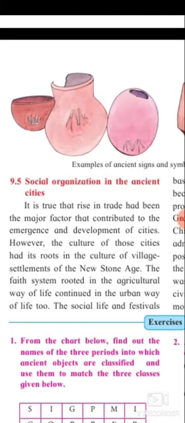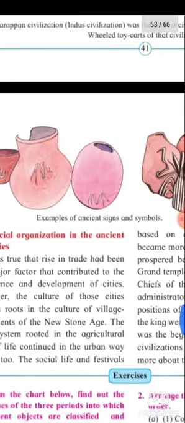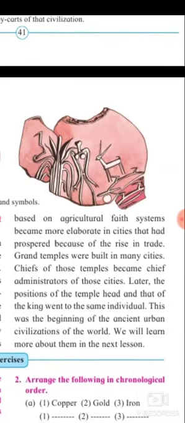The faith system rooted in the agricultural way of life continued in the urban way of life too. The social life and festivals based on agricultural faith systems became more elaborate in cities that had prospered because of the rise in trade.